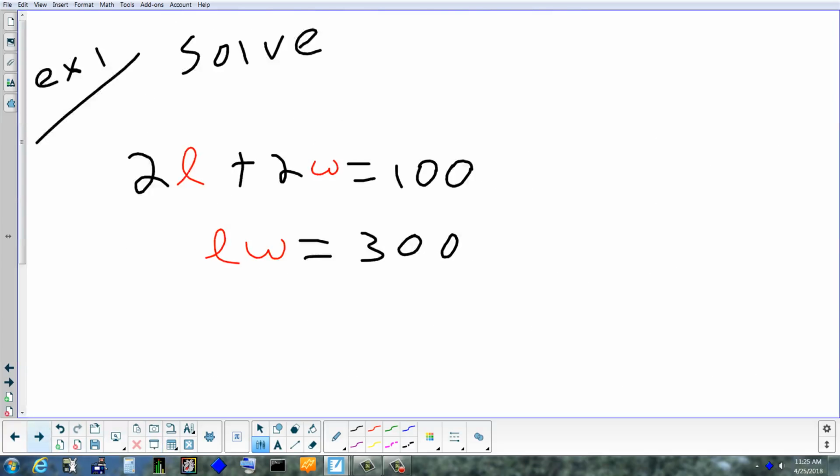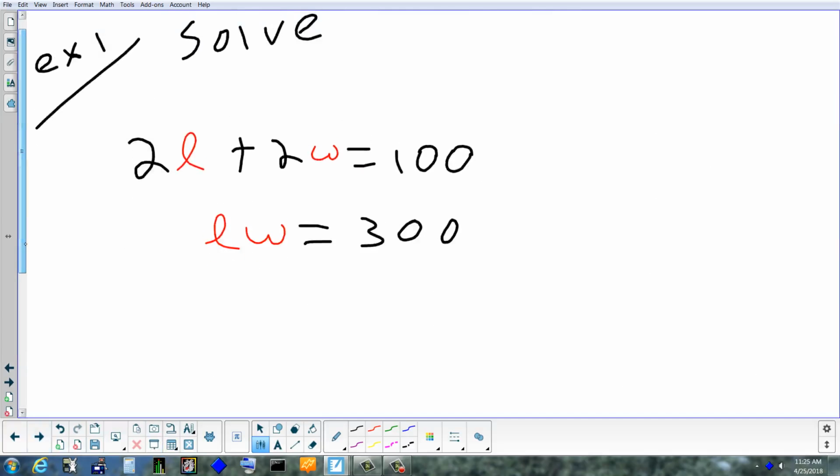But if I want to connect it with the first problem we did, I'll stick with L and W. Equation 1, equation 2. Do you think it would be easier to solve for L or W in equation 1 or equation 2? 2. If you solve for L or W in equation 2, you only have to do one thing. If you want to do it in equation 1, you can, but you're going to have to do more than one thing. So let's use equation 2.